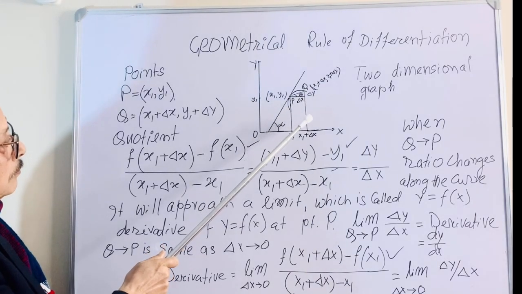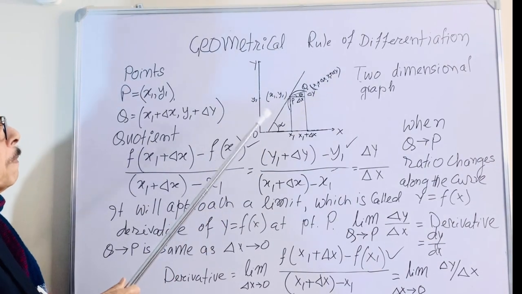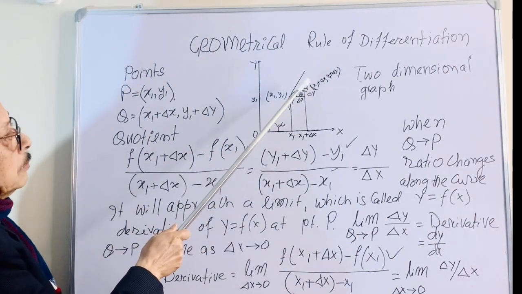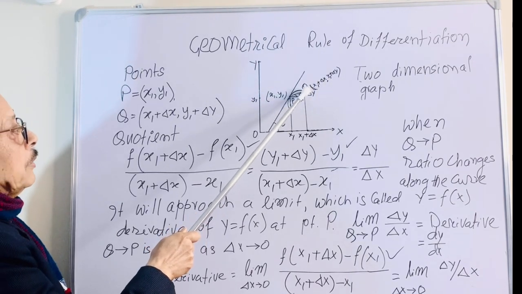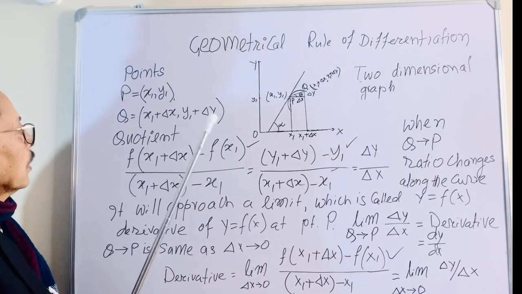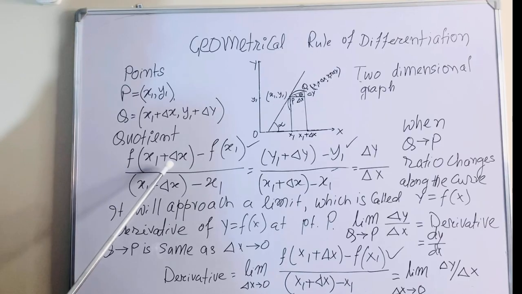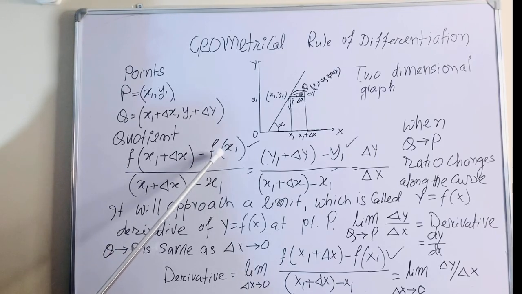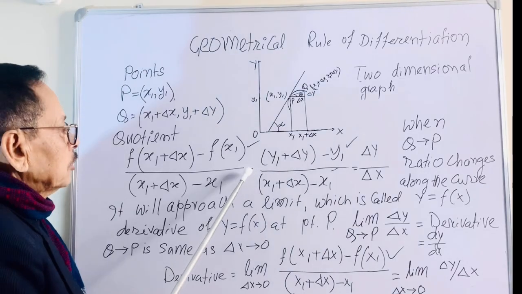And the total is y1 plus delta y. So the coordinates of Q are x1 plus delta x, then y1 plus delta y. Now, what is the difference quotient? f(x1 plus delta x) minus f(x1), divided by x1 plus delta x minus x1.